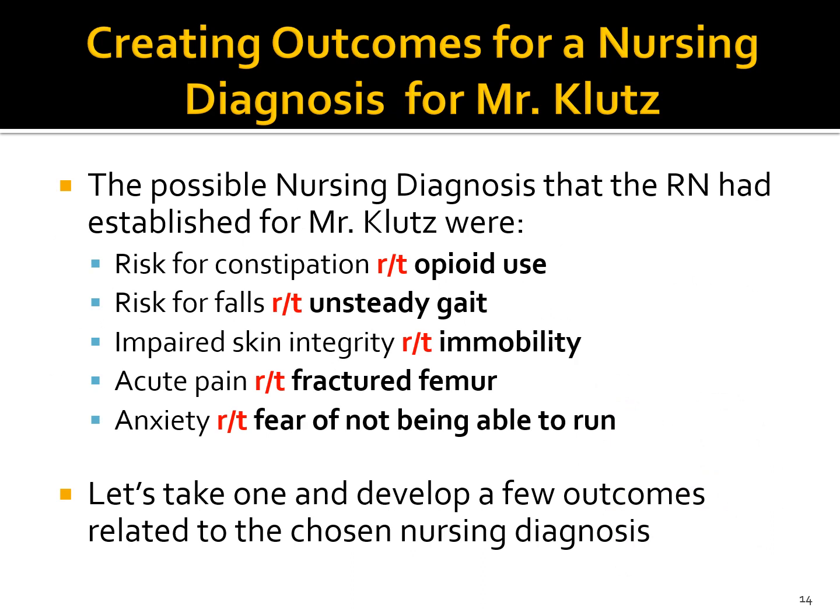First, we have to have that nursing diagnosis that we went through. We had picked out a bunch of them: risk for constipation, risk for falls. Remember, everything always has to have a related to: acute pain related to fractured femur. So let's take one and develop a few outcomes related to the chosen nursing diagnosis.